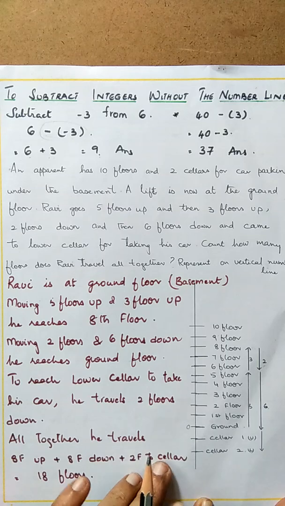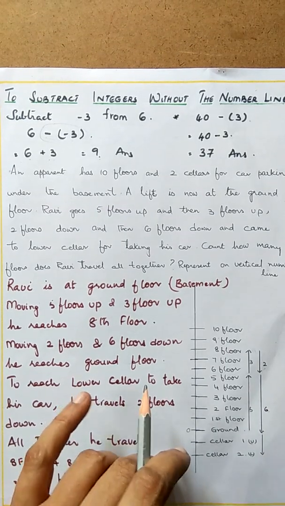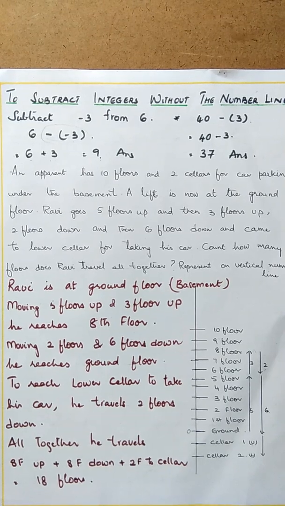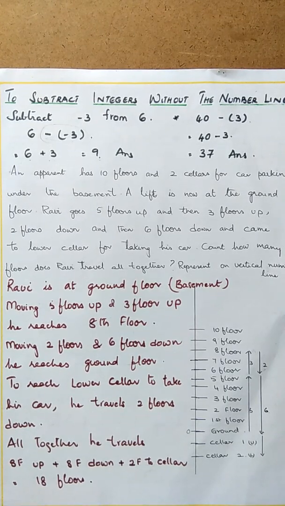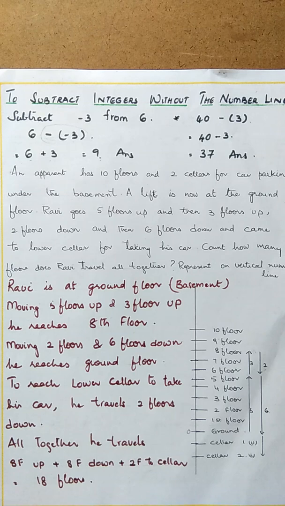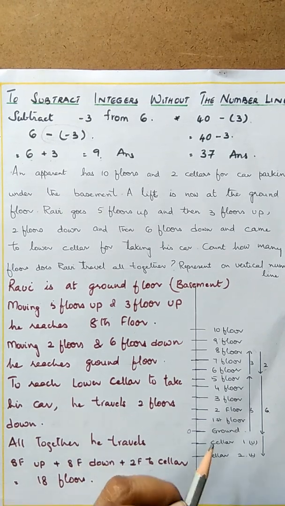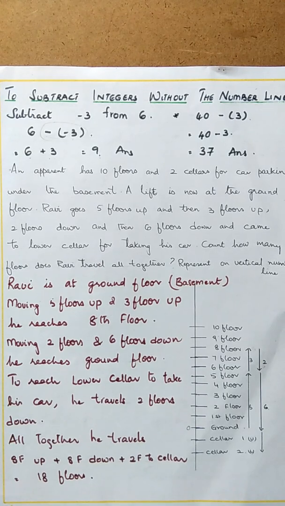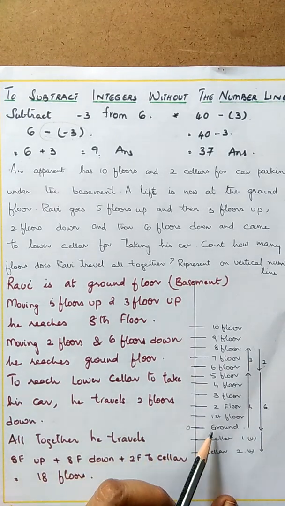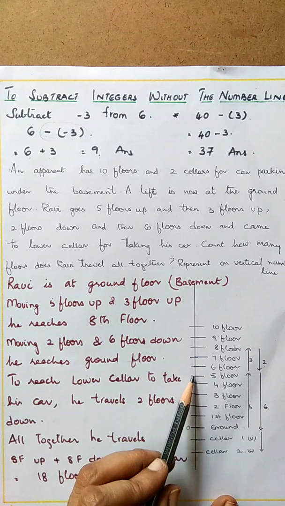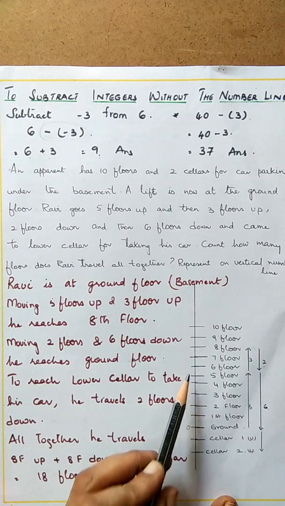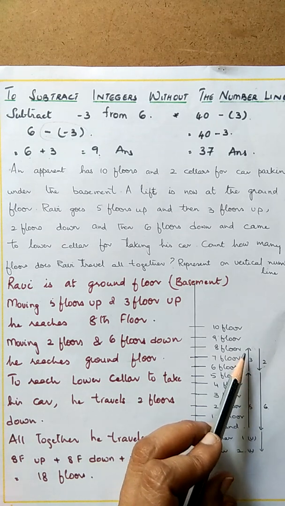Okay. Now, here Ravi has started from the ground floor. They have mentioned that he has started from the ground floor. So, first he went to the 5th floor. Afterwards, after some work, again he moved on to the 8th floor.